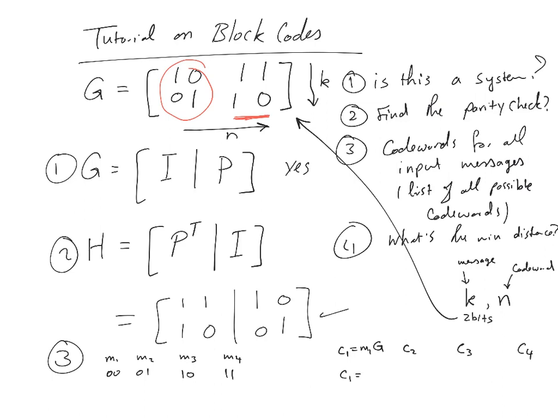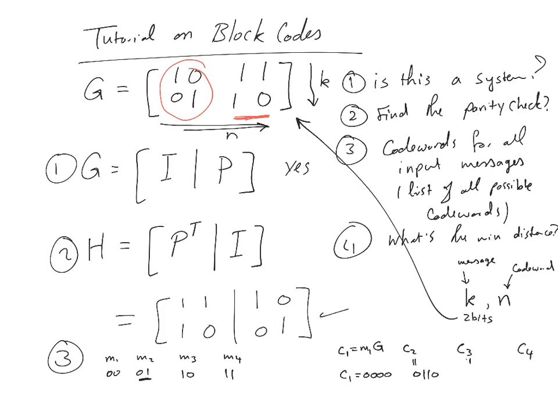So C1 is equal to all zeros. Okay. C2 is equal to 0, 1 multiplied by this matrix. When you do the multiplication, what will you get? 0, 1 times 1, 0, that's a 0. 0, 1 times 0, 1, that's a 1. 0, 1 times 1, 1, that's a 1. 0, 1 times 1, 0, that's a 0, right?